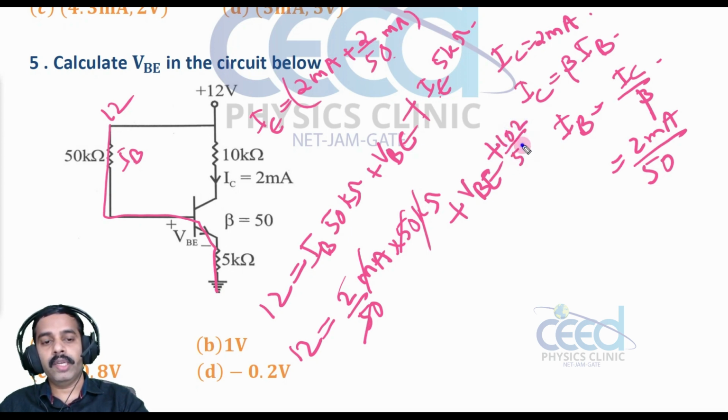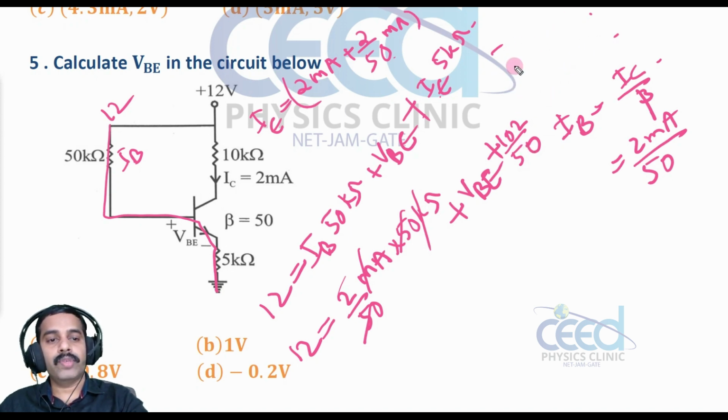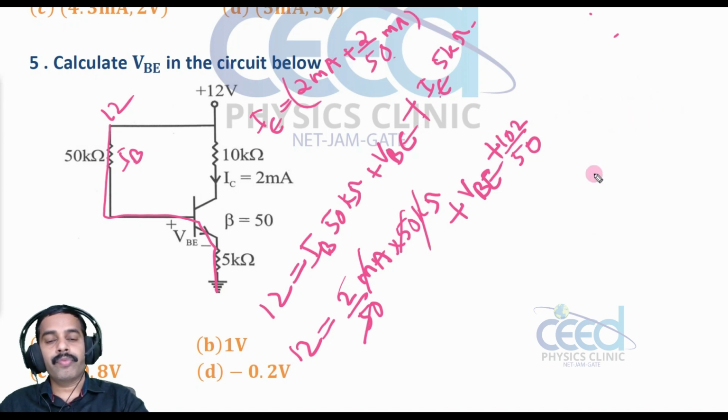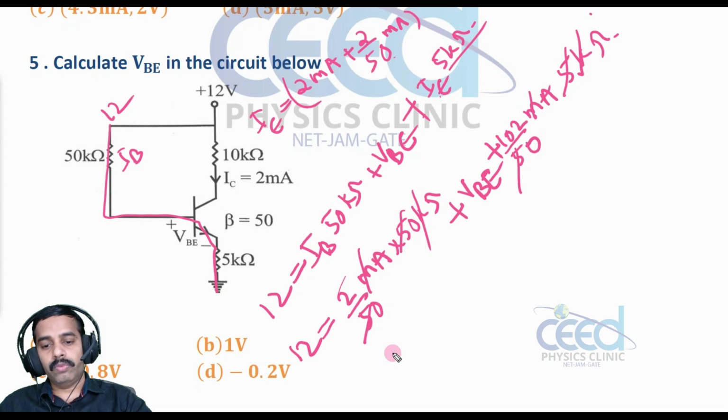102 by 50 milliampere into 5 kilo ohm. The milliampere and kilo ohm cancel, and this 5 and this 5 cancel. So 10.2 volt, right?